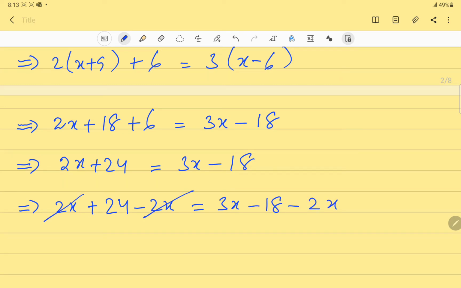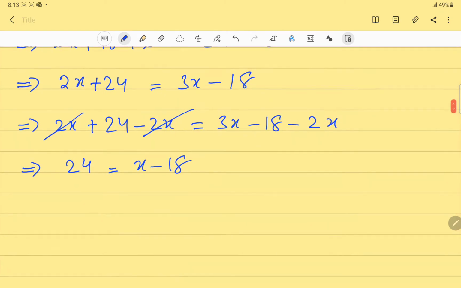This 2x cancels with this 2x. So 24 is equal to 3x minus 2x, which is x, minus 18. We add 18 on both sides. This 18 cancels with this 18.